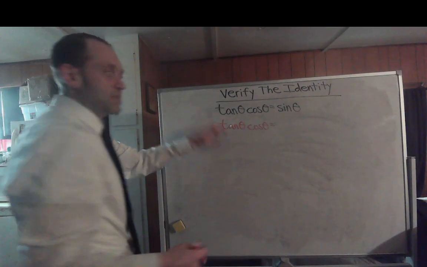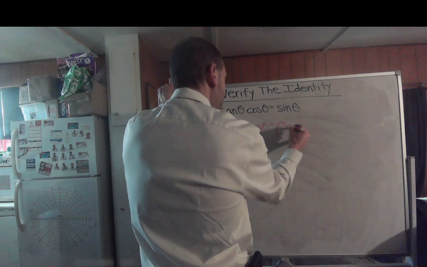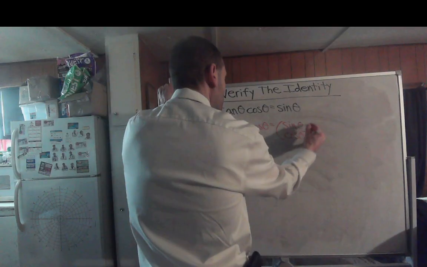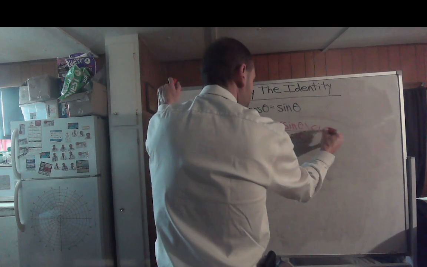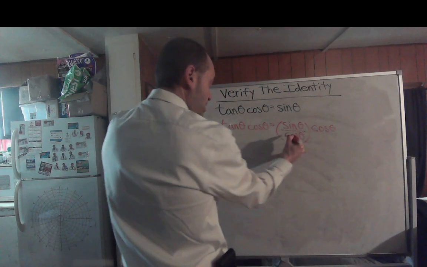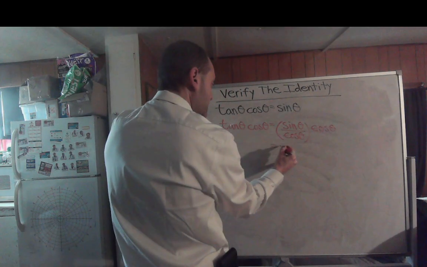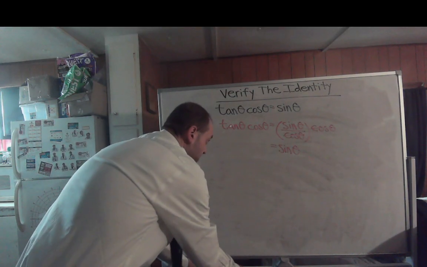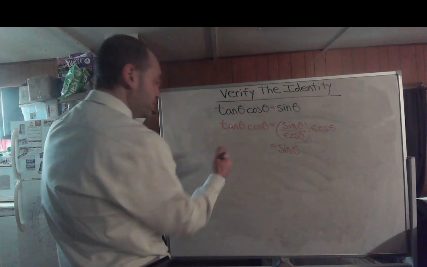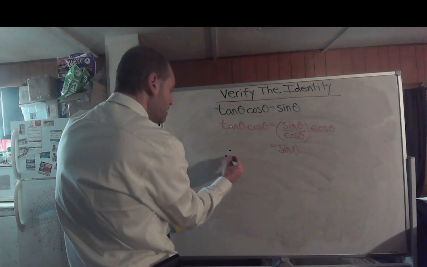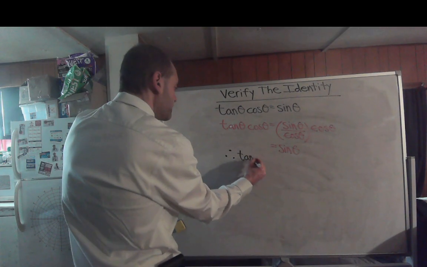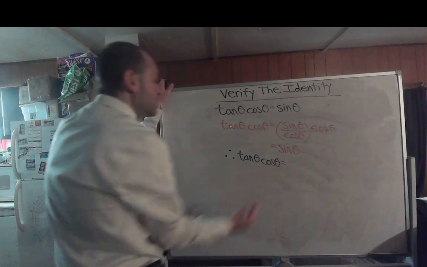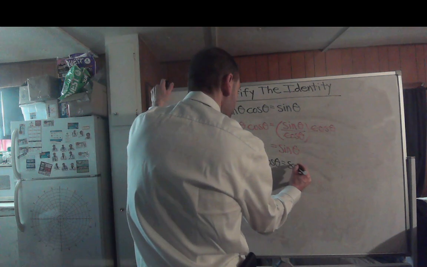Now, what's tangent? That's the same thing as sine of theta over the cosine of theta, times the cosine of theta. Well, your cosines cancel out. You're literally just left with the sine of theta. We did that in about 2 steps. So now that you've reached the end of what you were trying to prove, you can say, therefore, the tangent of theta cosine of theta equals the sine of theta.